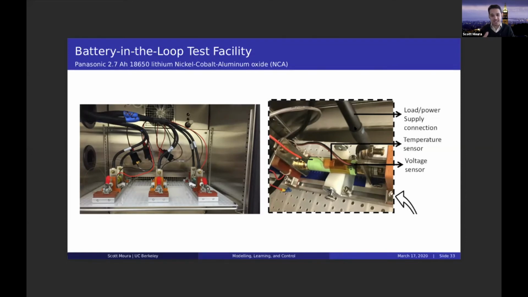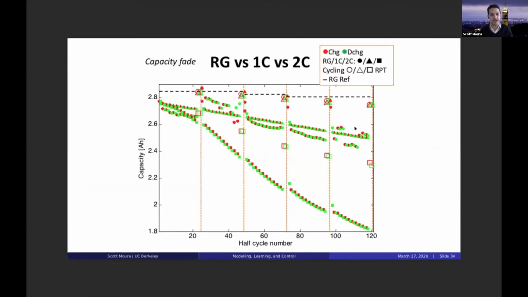Once Luis did this, I'm now convinced that these reduced form DFN type models, they're definitely getting the right aggregate behavior. And if we use them in a control loop, they are definitely improving things. So I'm very optimistic from these results. So let me share them with you now.